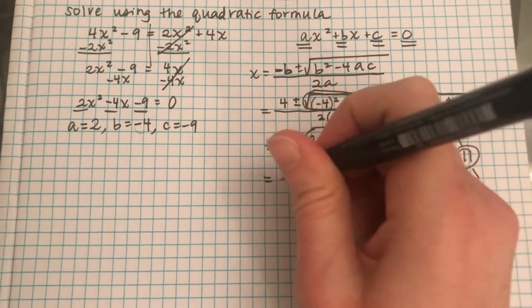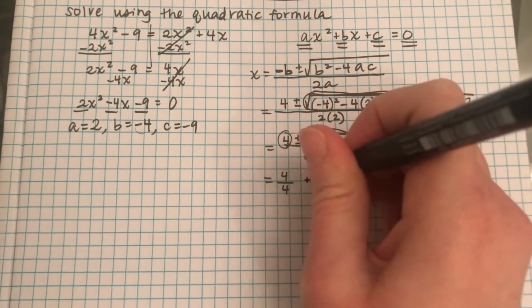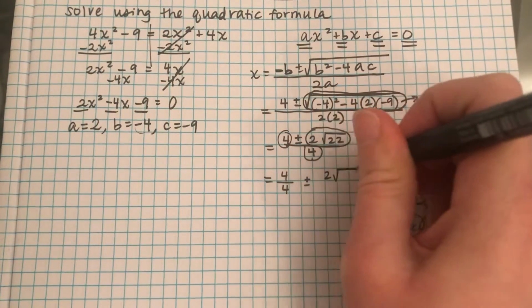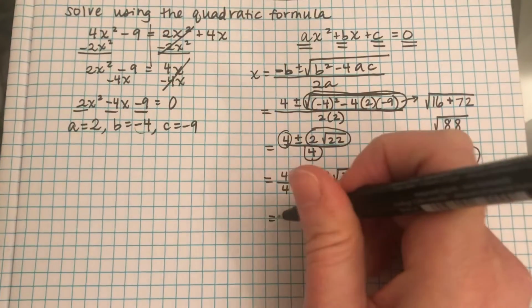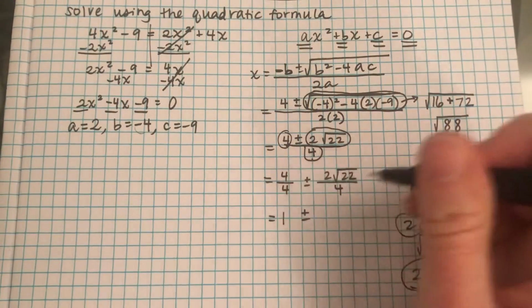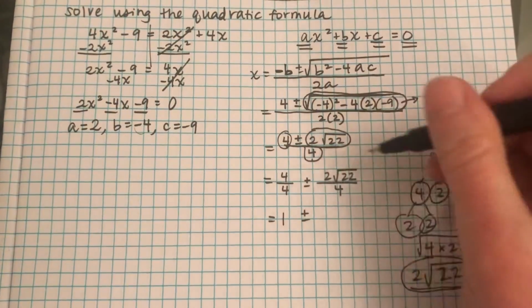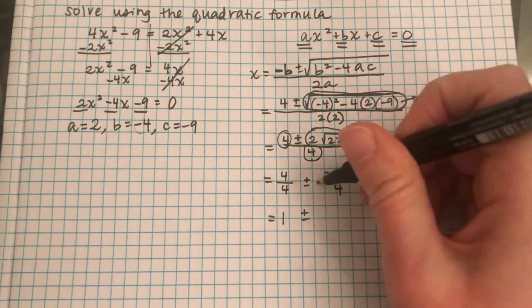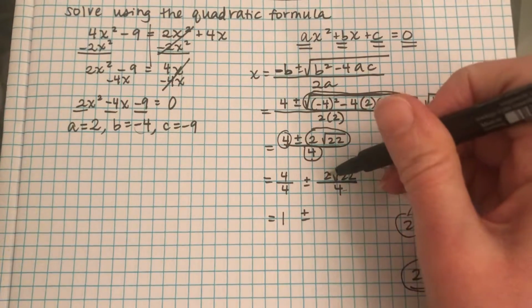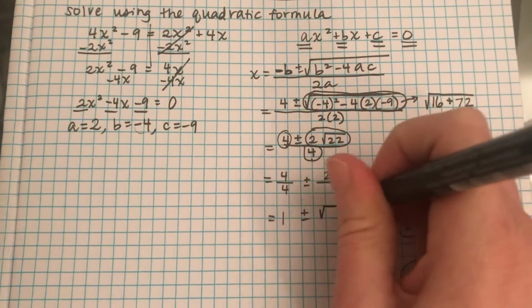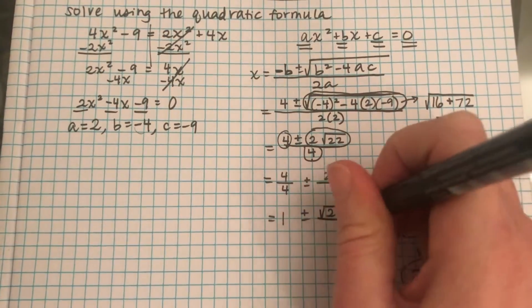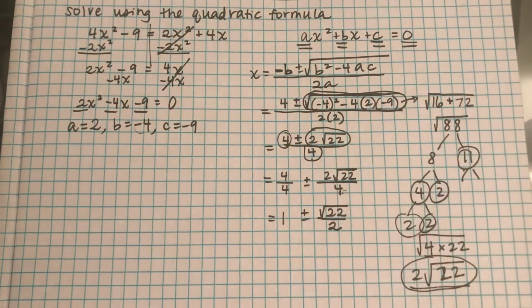So I have 4 divided by 4 plus or minus 2 root 22 divided by 4. 4 divided by 4 is 1. I'll bring down the plus or minus, and then really this becomes root 22 over 2 because this is like a fraction that could simplify to 1 over 2. So you have the square root of 22 divided by 2, if that makes sense.